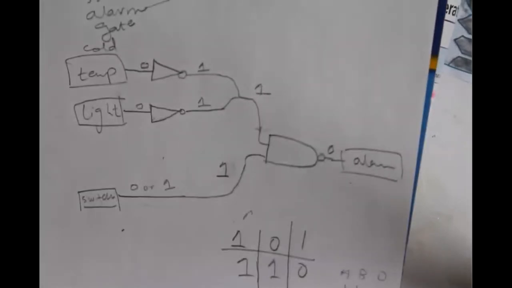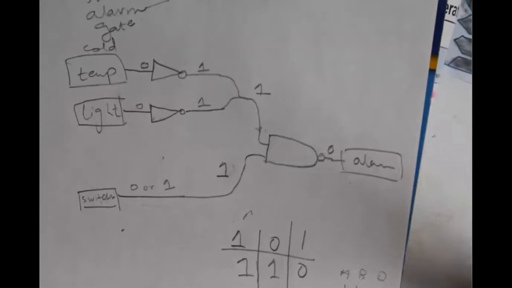Okay, Zainab, do you have any question? The switch is giving a 0 when it's turned on or off? 0 when it's off, 1 when it's on. Right now, this diagram is showing you that when the switch is turned on, the alarm is off. On is represented by 1, off is represented by 0.